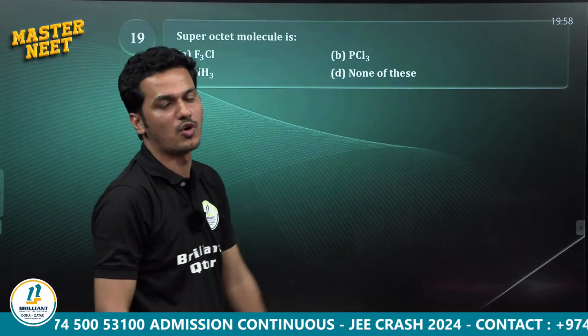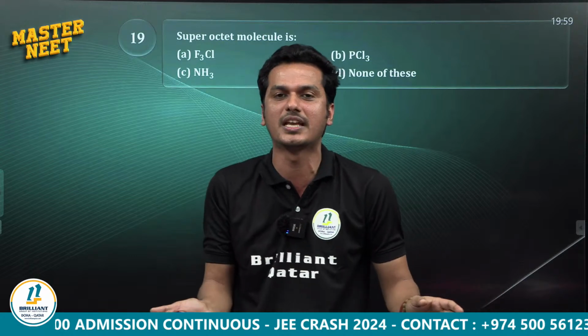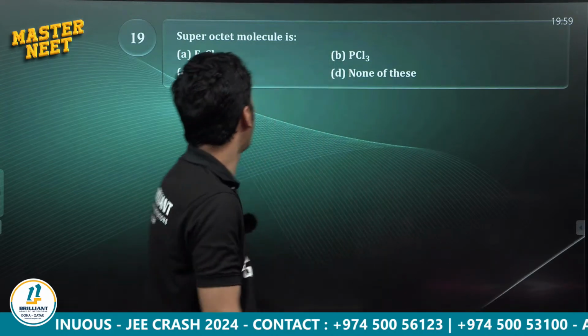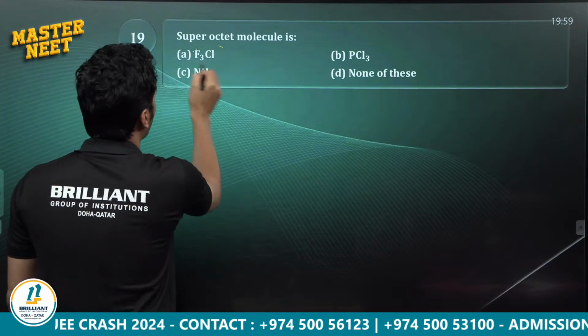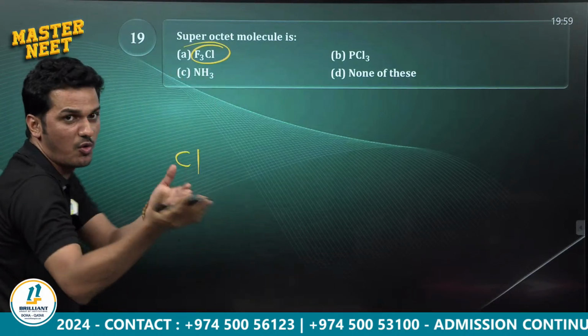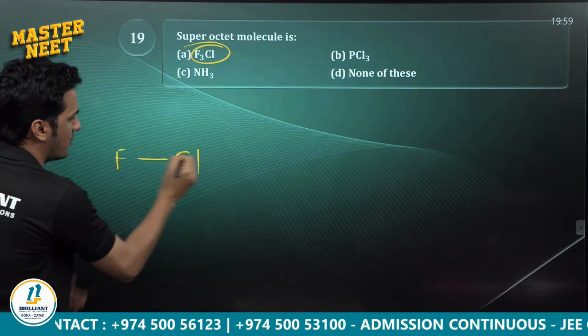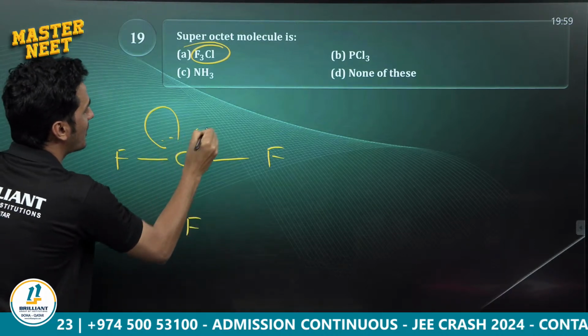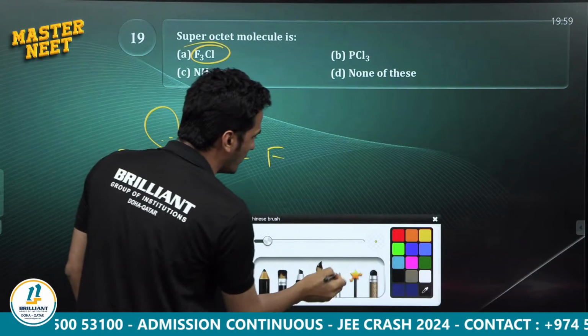Super octet molecules or expanded octet molecules mean that around the central atom more than 8 electrons are there. What about this one, ClF3? Chlorine is there. The previous question we only discussed it. Here, totally how many electrons are there around this chlorine?